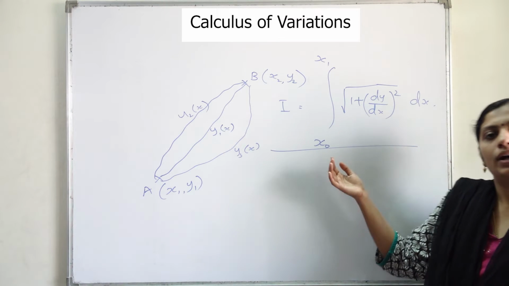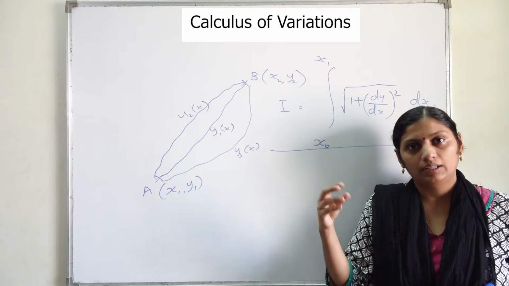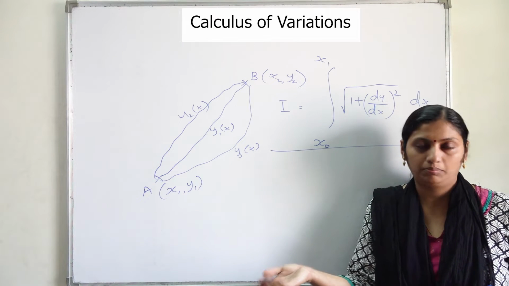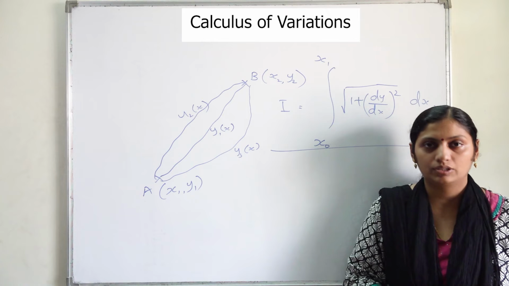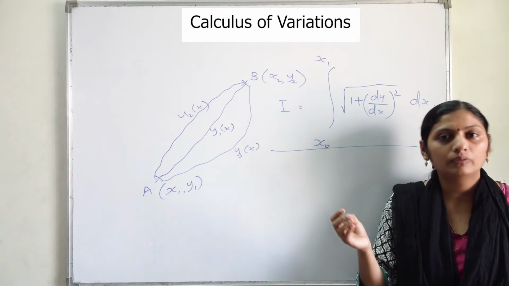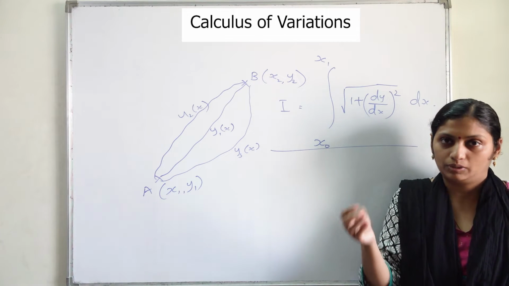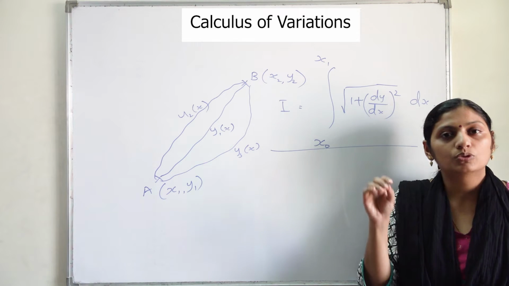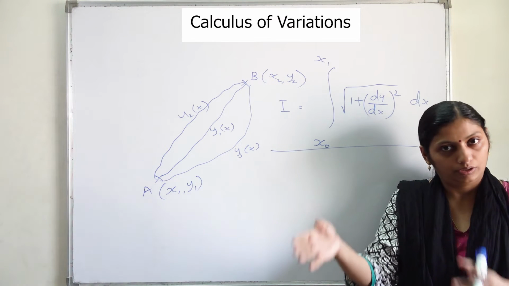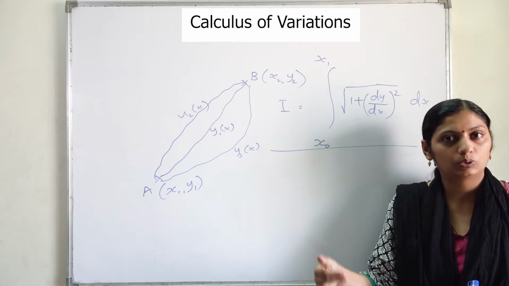So Euler equation will help you in finding extrema of a functional, that means maxima or minima of a functional. I will explain Euler's equation, but the proof is not required from the exam point of view. Those who are interested to refer the proof, you can go to Grewal. The proof is explained. You can go through that.